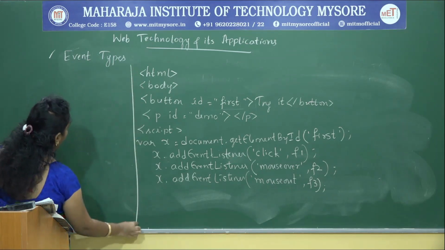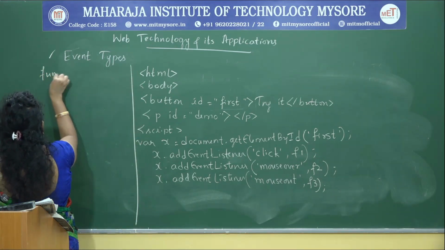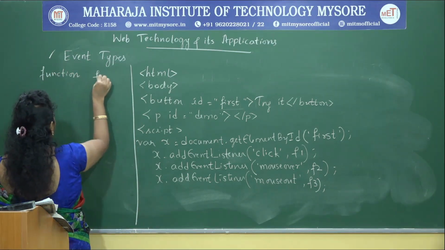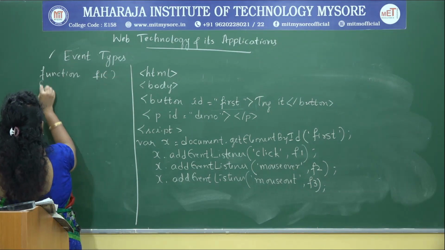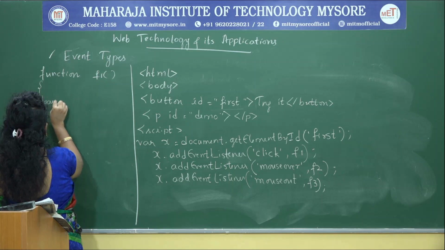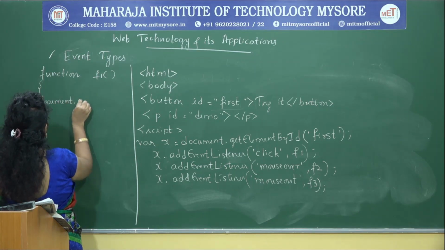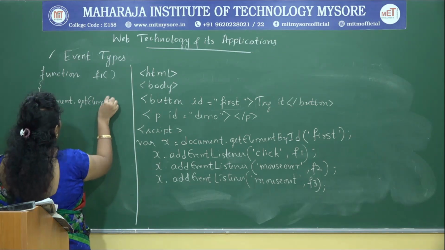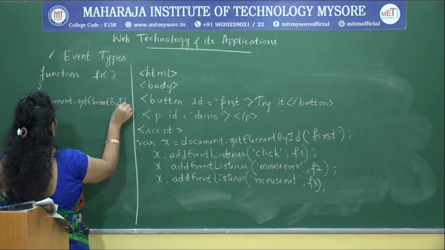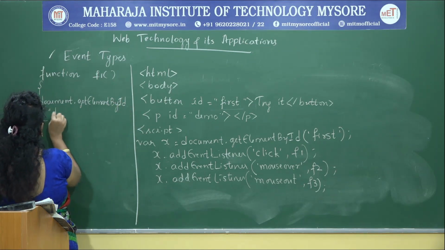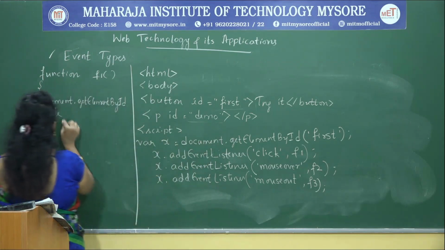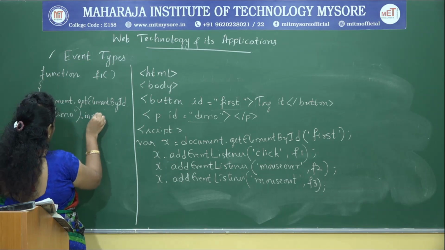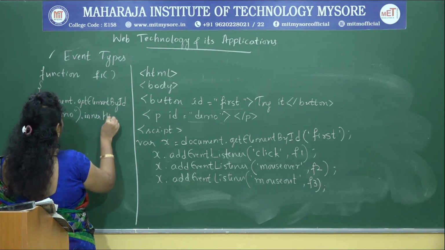Here I am going to write how to begin. function is the keyword to define a function. What is the function name? function1. What do I have to do? document.getElementById, inside that I am passing this ID which is empty, demo. To that I am writing the output, that is innerHTML.